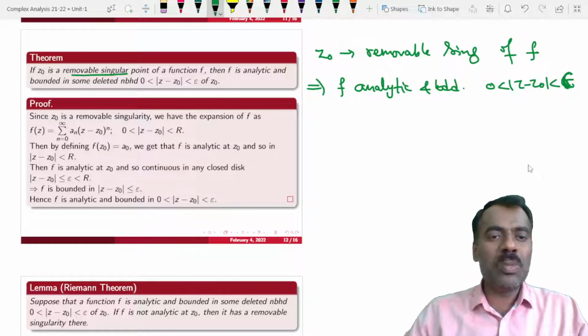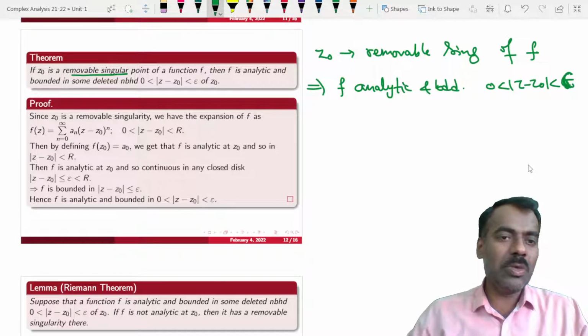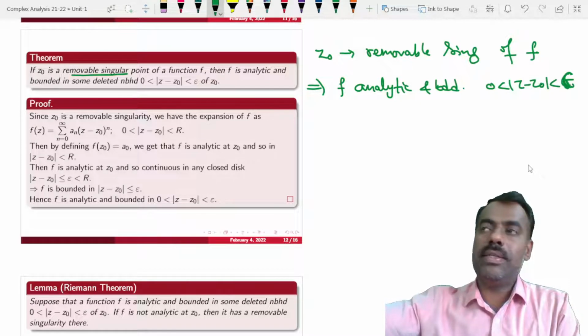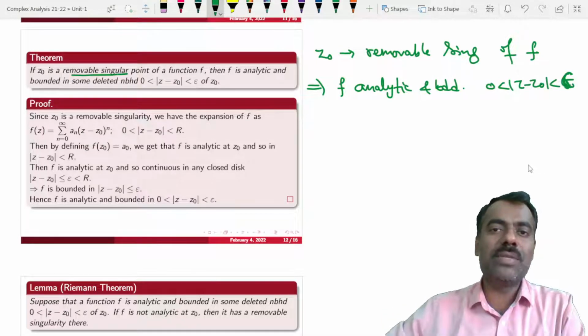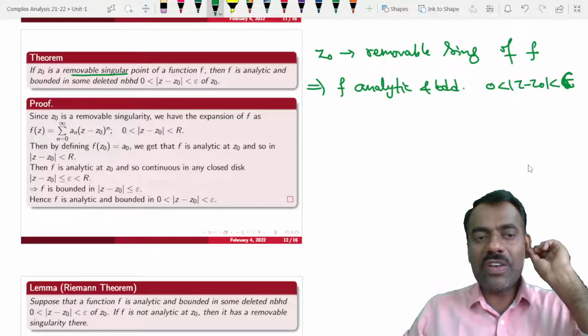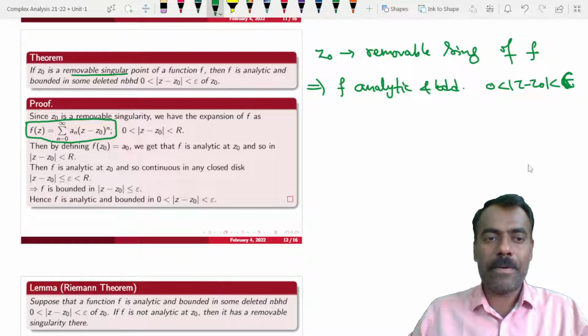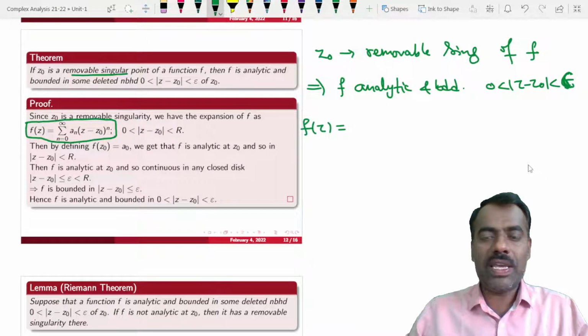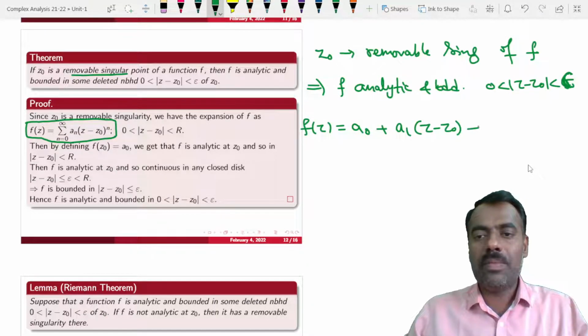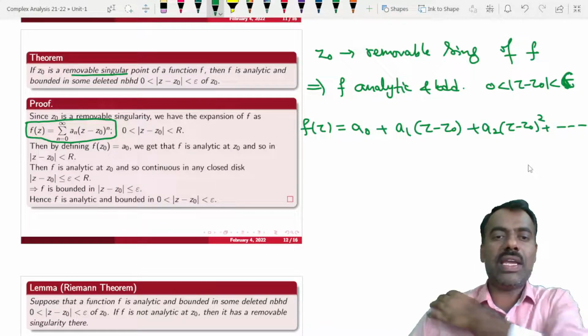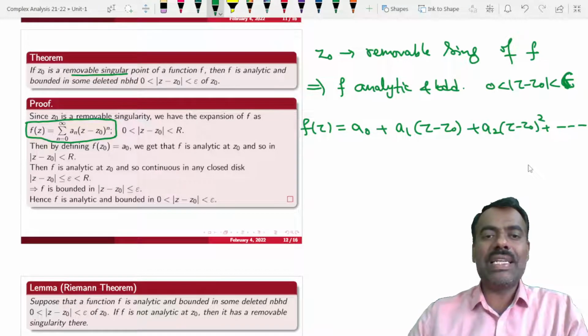Because z naught is a removable singularity. What is meant by saying that it is a removable singularity? In the Laurent representation, the principal part is 0. There are no terms in the principal part, so f of z has only non-negative powers of z minus z naught. That means f of z is a naught plus a1 into (z minus z naught) plus a2 (z minus z naught) whole square, and so on, in the deleted neighborhood mod z minus z naught less than r.